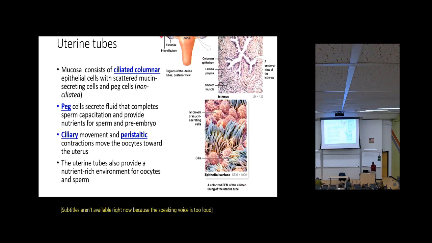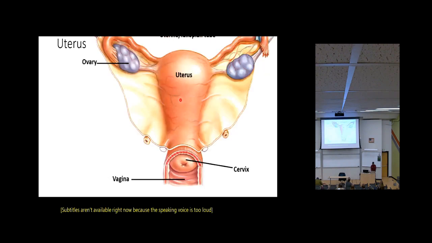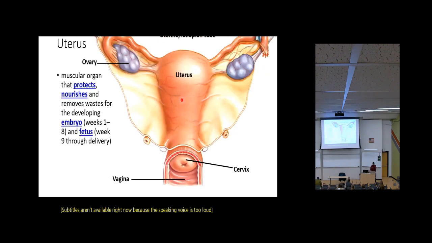So now we can move on from the uterine tubes down to the uterus, and this uterus is a muscular organ. It serves a function to both protect the fetus, to nourish it, and it can also help to remove the wastes which are produced by the fetus. And notice here that the term embryo is used between the term 1 to 8 weeks.